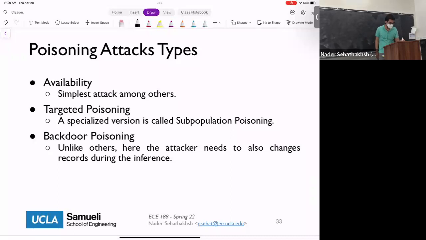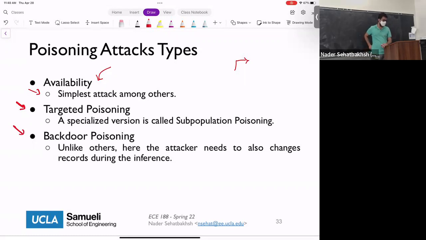This attacks the availability of the system, because it doesn't force the system to make a specific decision, but just to make any wrong decision, and any wrong decision will do for us as an attacker. This is the simplest one. But the attacker can be much smarter and more sophisticated than that, and we usually can launch two types of attacks called targeted poisoning and backdoor poisoning.